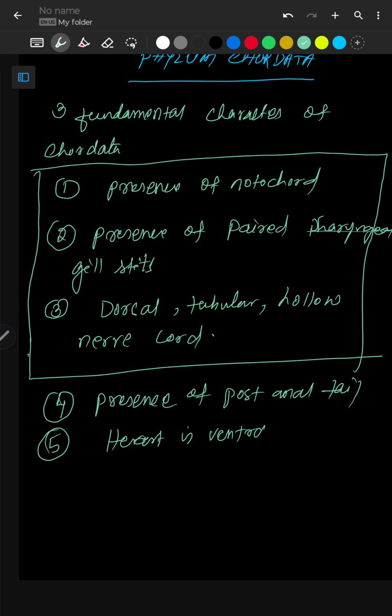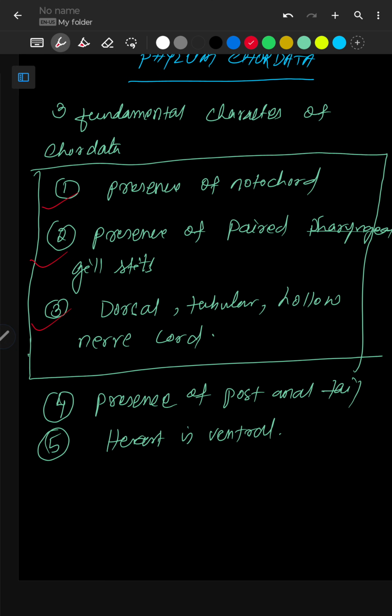Okay, so if in the exam it is asked what are the three fundamental characters of chordates, then you will write these three. If it asks what are the chordate features, then you can write down these five. Clear?